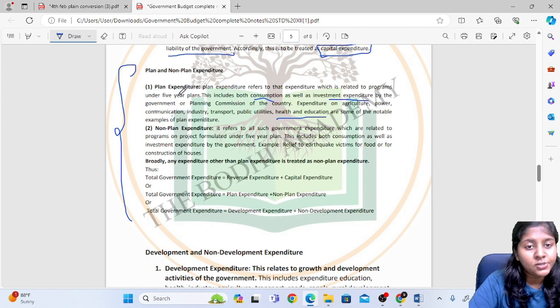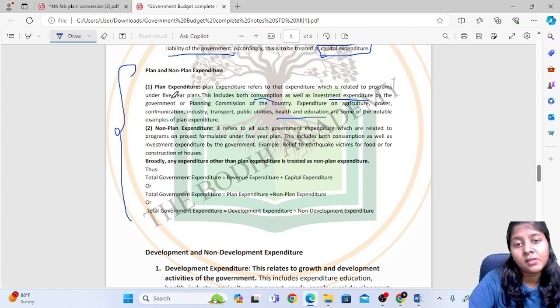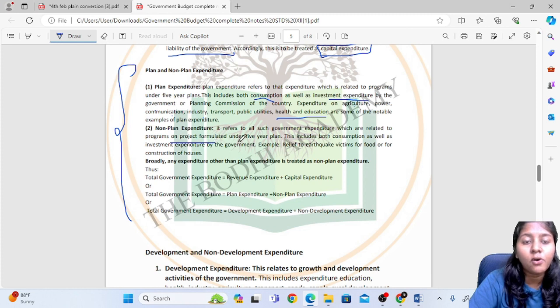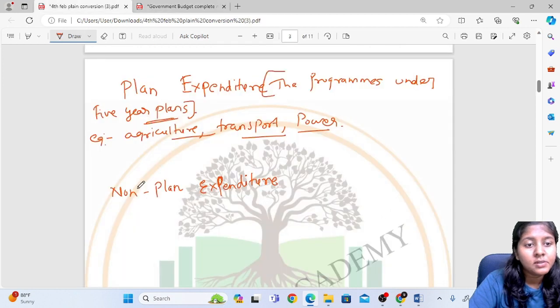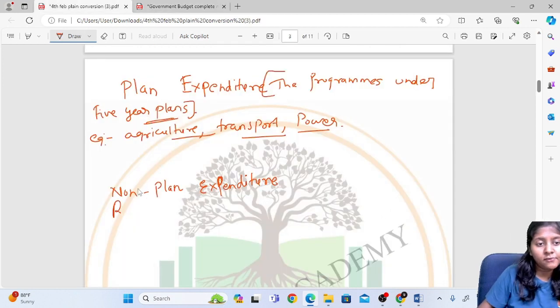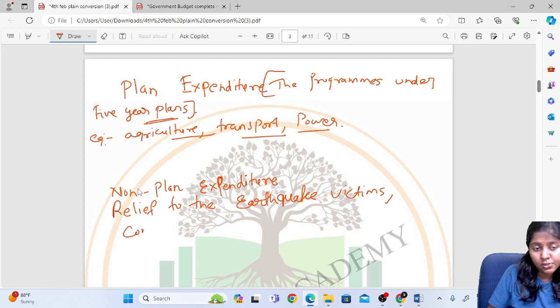Non-plan expenditures are the government expenditures which are not related to programs or projects formulated under 5-year plans. This includes relief to earthquake victims or construction of houses.